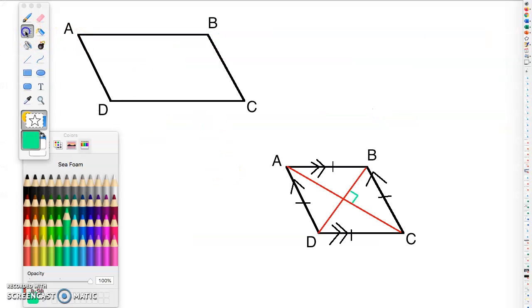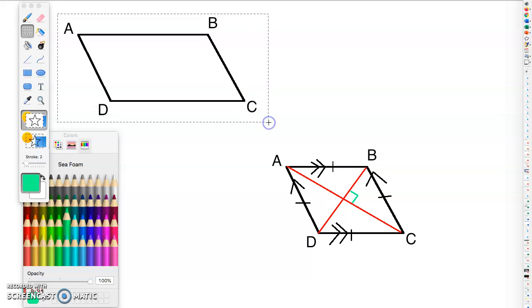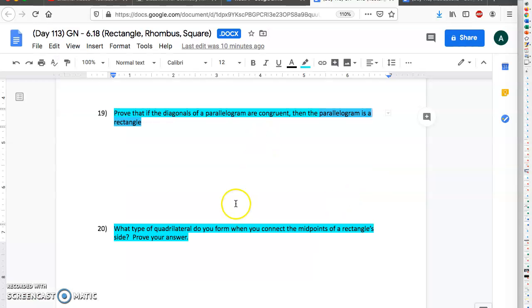So if you have something like this, a parallelogram, and once again, remember, the definition of a parallelogram is just that the opposite sides are parallel. So AB is parallel to DC, AD is parallel to BC. So they're saying, if you have a parallelogram where the diagonals are the same or congruent, then show that the parallelogram has to be a rectangle.